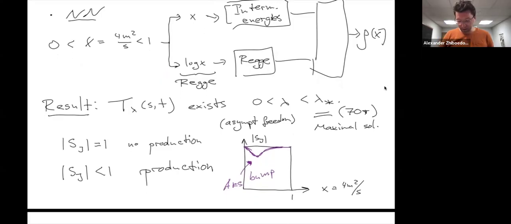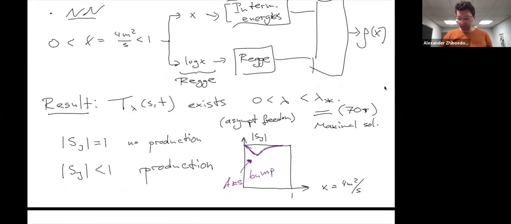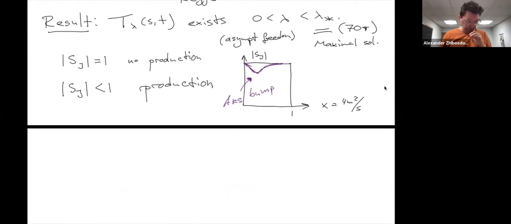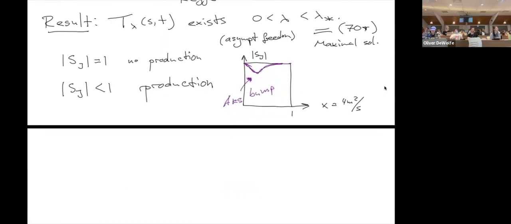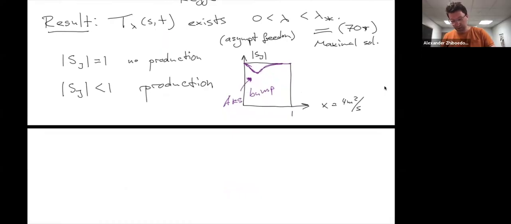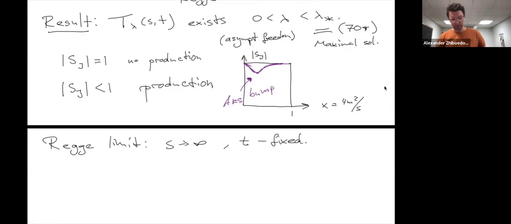You also see that the amplitude is non-perturbative. For example, you can ask what is the Regge limit of this amplitude, which you can also compute. And sorry, I don't think I ever defined, at least in this set of lectures, the Regge limit: S goes to infinity, so high energy, T fixed, small fixed momentum transfer.